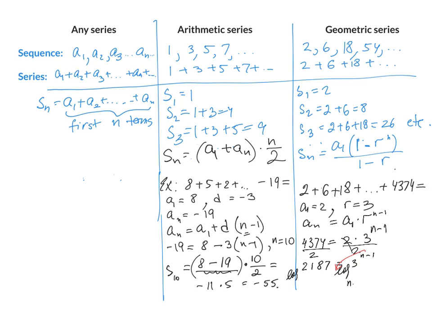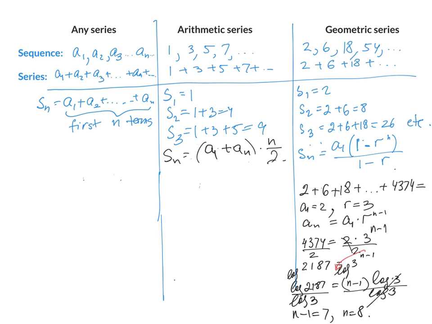So you have n minus 1 times log 3 equals log 2187. If you divide both sides by log 3, you're going to get n minus 1, which is 7. So n equals 8.